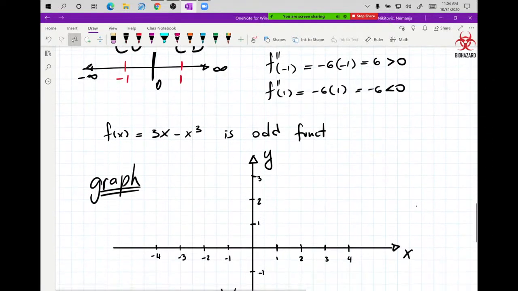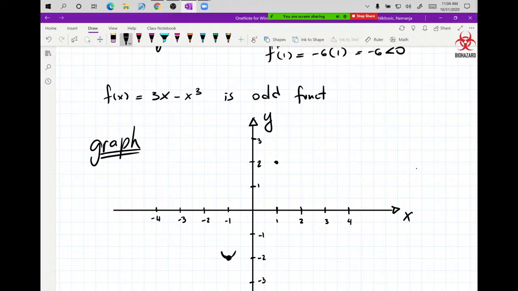And then 1, 2 maximum, frown, because it's a max. So it's a frown. Happy, minimum. Maximum. All right, we're done with that silly thing.